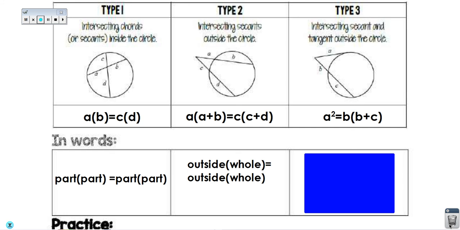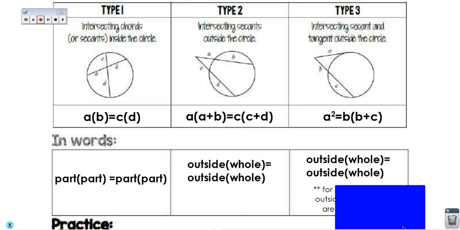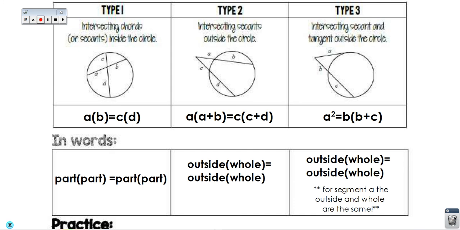Just be very careful that the whole means adding the two pieces, so A plus B and C plus D. For this one, we have outside times whole equals outside times whole, the exact same as type 2. But I noted that for segment A, the outside and the whole are the same. So that's why we're going to do A times A, or A squared.